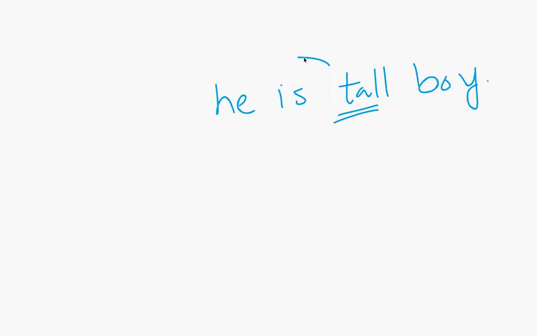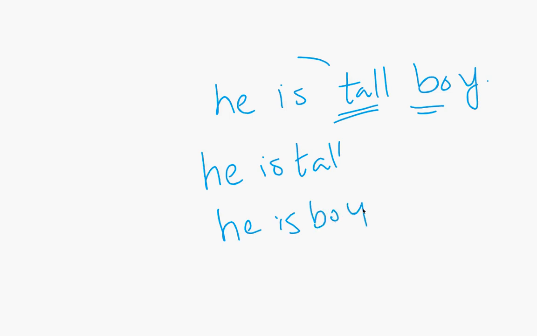The adjective, correct? Adjective to what? Boy. So when we say just he is tall and he is boy, we can make two different sentences. He is tall, he is boy. In the first sentence, the noun is tall. In the second sentence, the noun is boy.